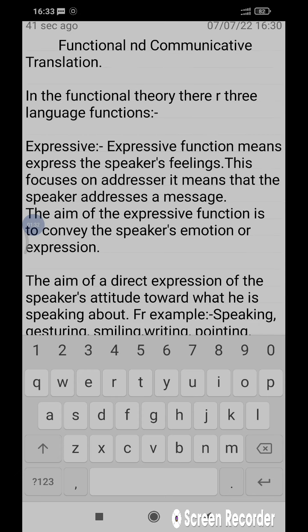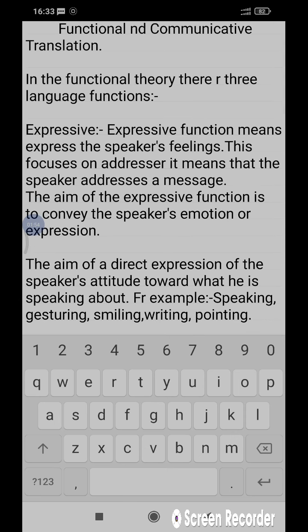This focuses on the addressers. It means that the speaker addresses a message. He or she wants to convey a message through her or his feeling. The aim of the expressive function is to convey the speaker's emotions or expressions.